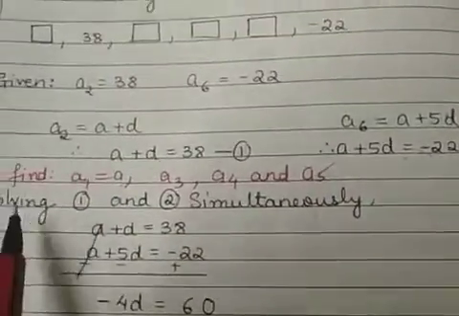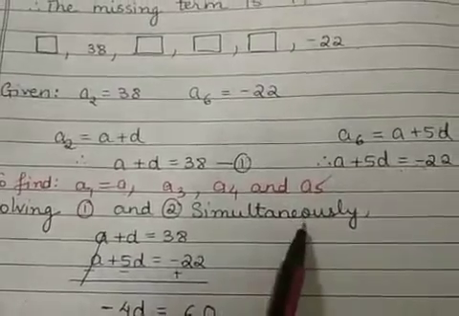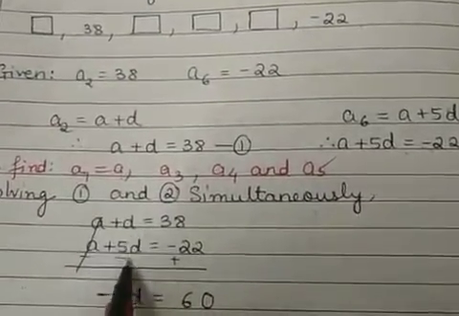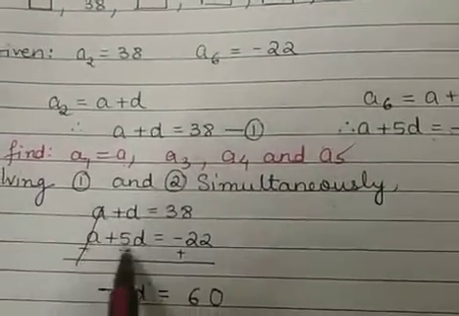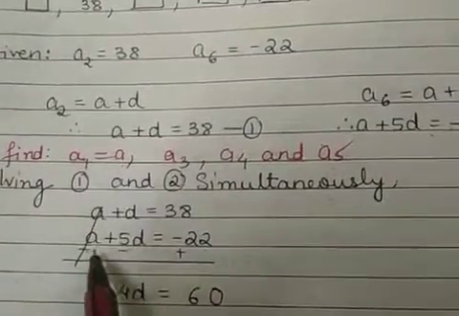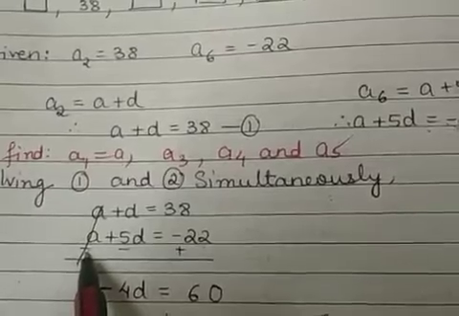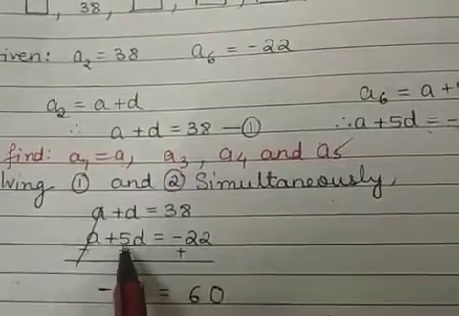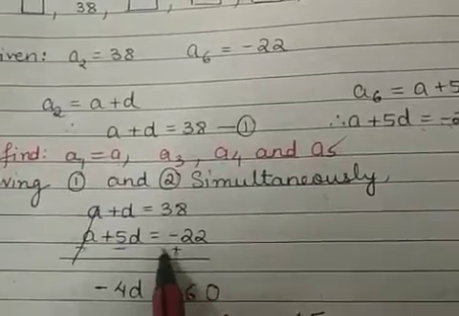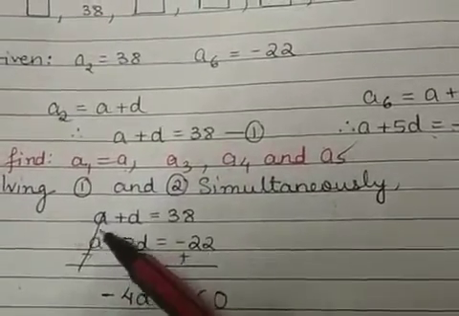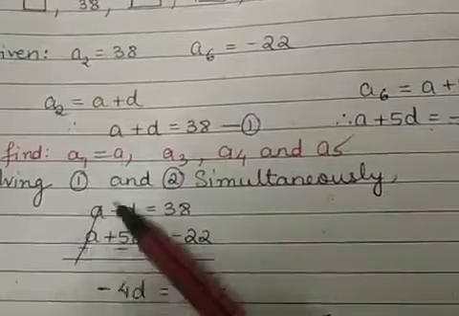So on solving 1 and 2 simultaneously, this is how you solve the equations: you change the sign. If it is plus here, you change the sign to minus, and this is minus, so plus. I can directly change because the A will get cancelled.